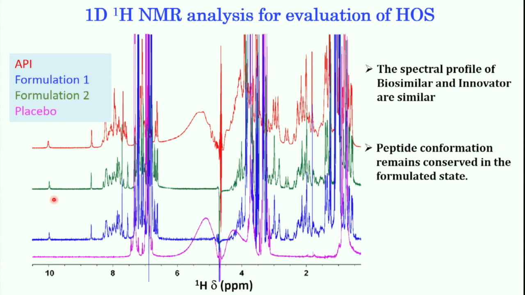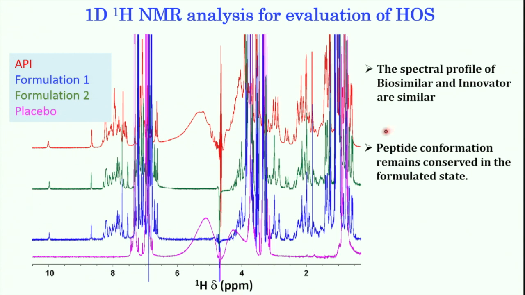Now, if you look here, the API, formulation 1, formulation 2 and placebo. Placebo is basically what is added in the formulation. So, one can see here these high intensity peaks are coming from the placebo. Structurally, the API and formulation 1 and formulation 2 seem to be matching quite well, and whatever higher molecular weight species I was discussing in the last slide, which could be coming from the API, seems to be gone upon formulation.